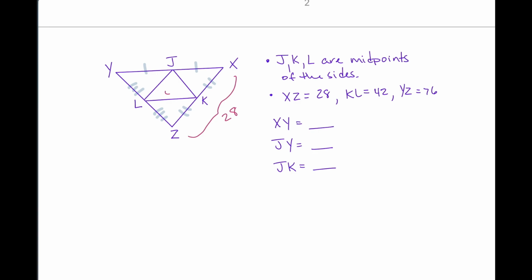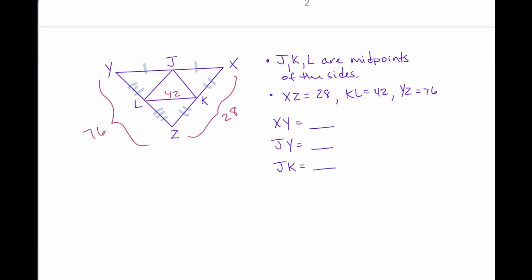K to L, it's 42. YZ, this whole thing, is 76. Of course, it says it's not drawn to scale. It's okay. Now we're going to find these things.